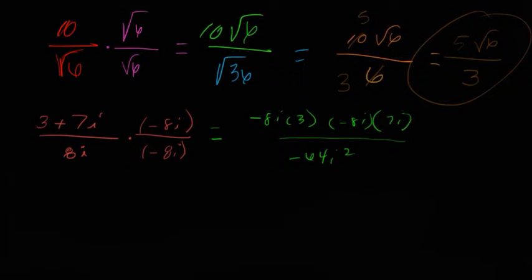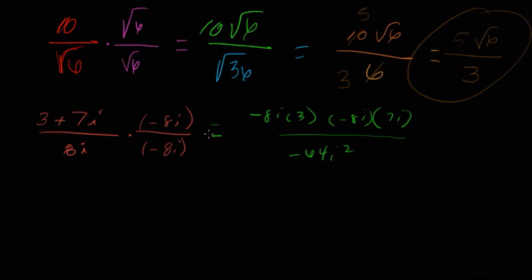So let's go ahead and handle this problem here. Negative 8i times 3 will be minus 24i. And minus 8i times 7i will give me minus 56i squared, divided by negative 64 times i squared.